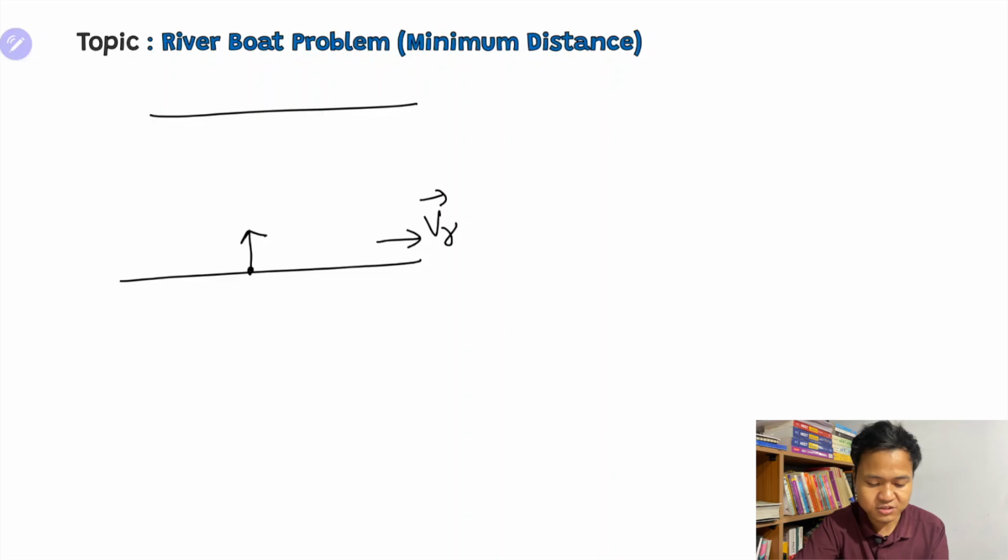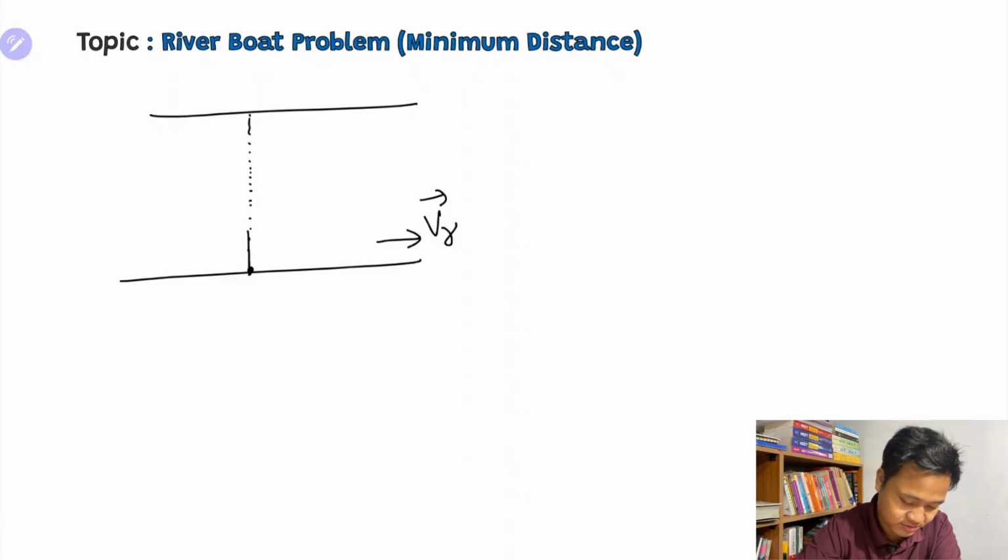For minimum distance or minimum time, in which direction does the boat have to go so that it travels the minimum distance? Only when you travel in this direction, vertically. Only when you travel vertically will you take the minimum time and minimum distance.